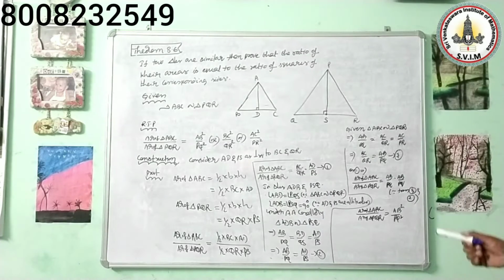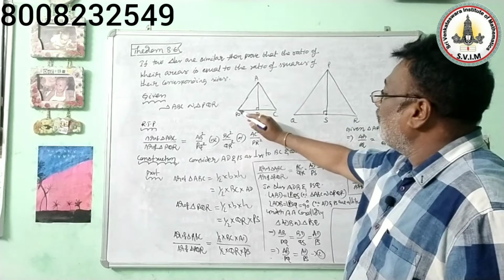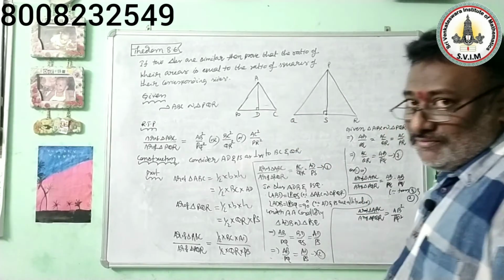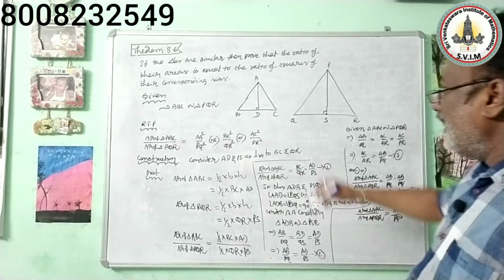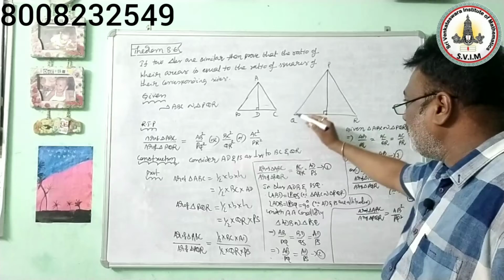It has been proved by taking the altitudes AD and PS in those two triangles. If you take the altitudes from this vertex B, it is proved as AB square by PQ square.